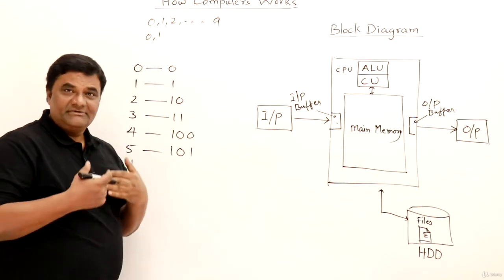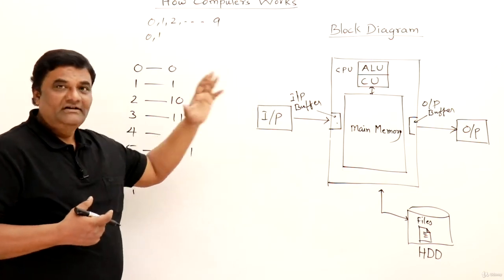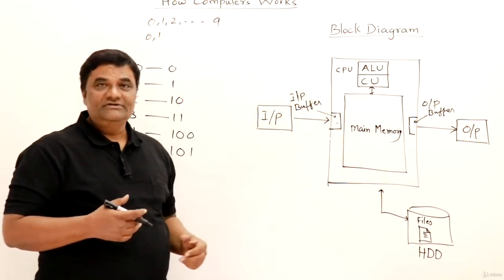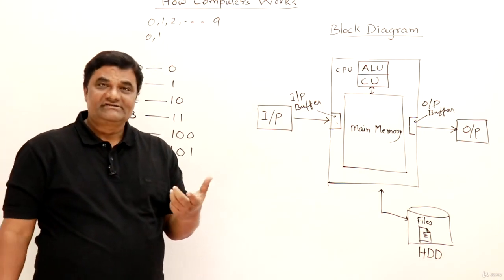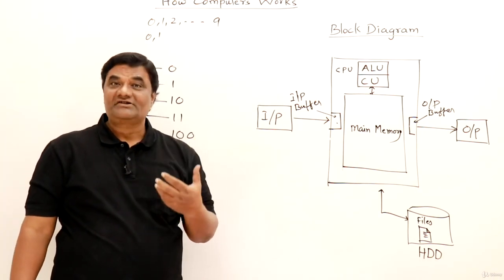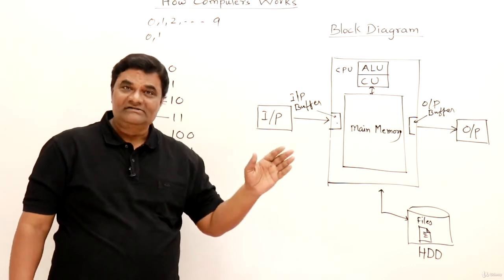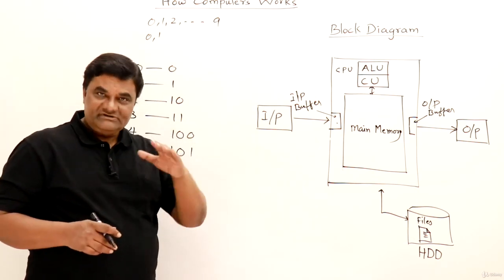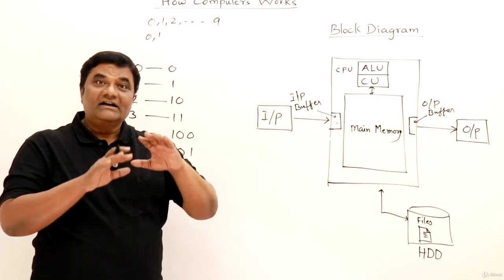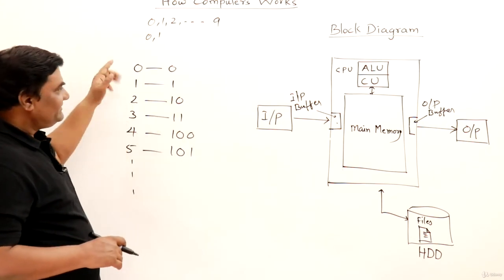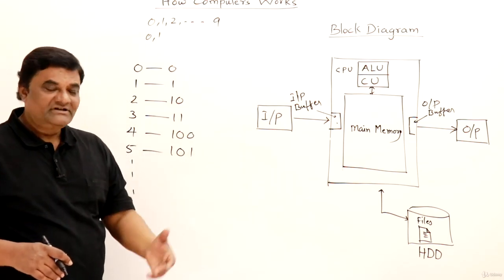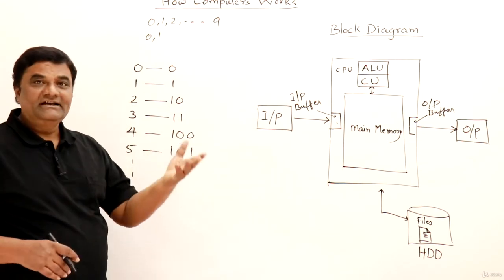Now, this CPU, or the arithmetic and logical unit, performs operations. It knows the instructions, it knows commands. Suppose, like assume that 0 means add two numbers, 1 means subtract two numbers, 2 means multiply them.